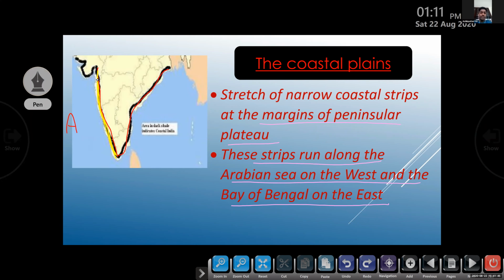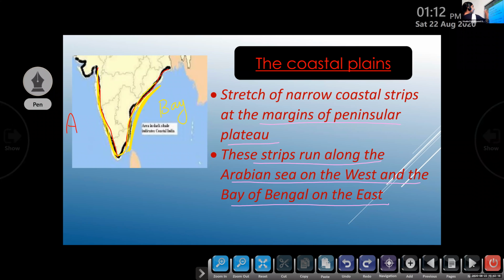And here it is eastern coast, near Bay of Bengal, lying between Eastern Ghats and Bay of Bengal.